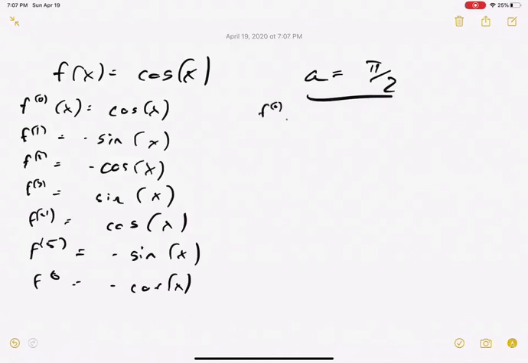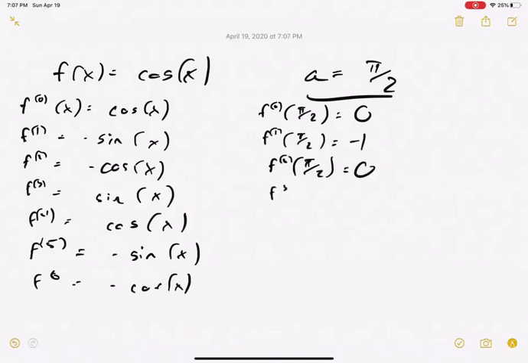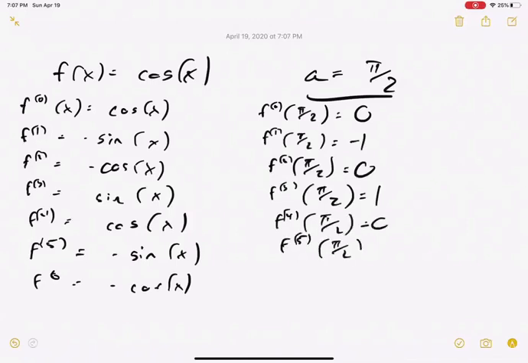So f0 of pi over 2, plugging pi over 2 into cosine, I get 0. If I plug it into negative sine, I get negative 1, then 0, 1, 0, negative 1, and 0.